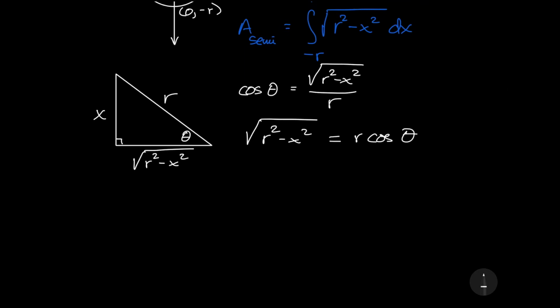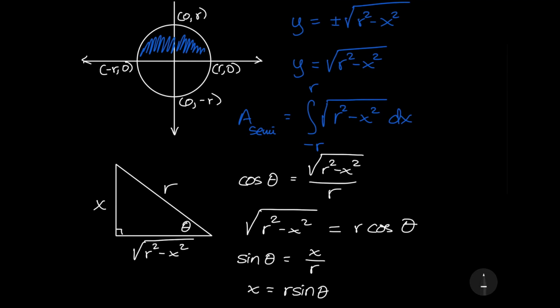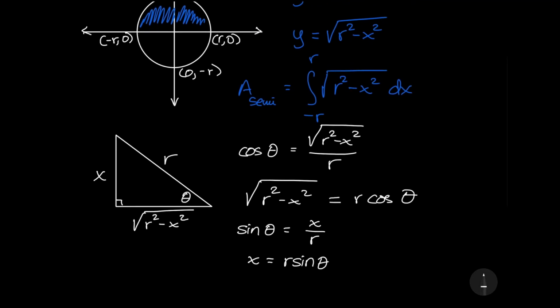Now, let's say if I took sine theta. Sine theta is equal to opposite over hypotenuse, which is x over r, meaning that x is equal to r sine theta.